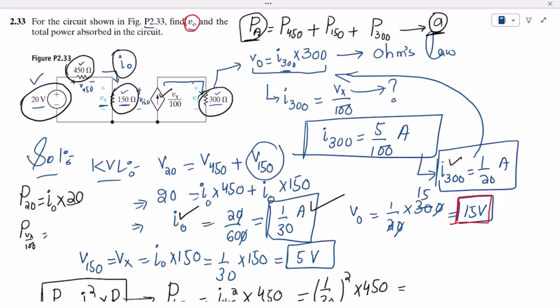The current flowing through this one is I300, already known here as well, and it would be 1 over 20 multiplied by the voltage across this one, and that is this V naught, because both of them are in parallel. You can see that the voltage here is also the voltage across it, because both of these ends are connected with each other. So the voltage V naught across it is this 15, so we can find them out here, and then adding them together we will get the total power which is developed in this case.